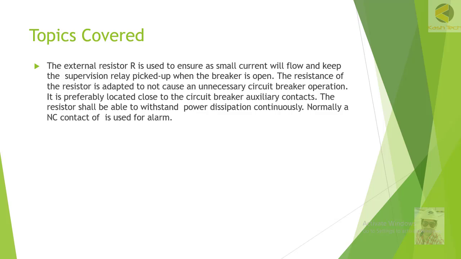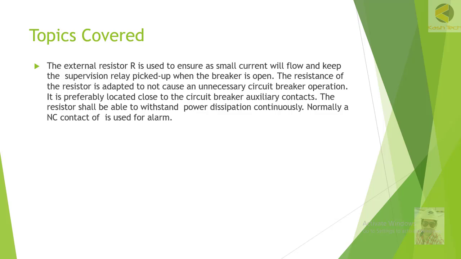So it's a practice that a resistor is installed in series with the coil of the trip circuit supervision relay. It will limit the maloperation of the breaker through the TCS relay. Although it is possible, and I have seen in some cases, that the coil is wound in such a way that its impedance is very high.